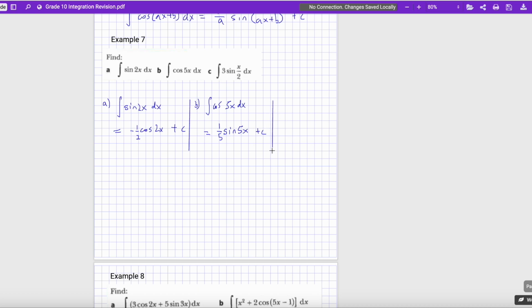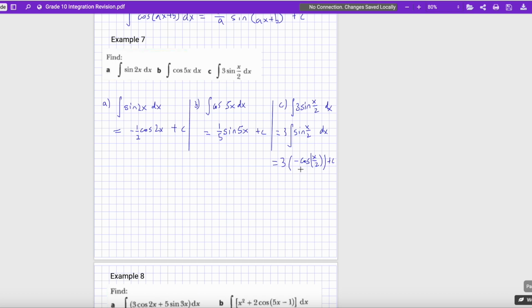Part C. Let's integrate 3 sine x over 2 dx. What I'll do is factor out 3 because it's a coefficient, and I'll integrate sine x over 2 dx. What I'll get is 3 times negative cosine of x over 2, plus c.